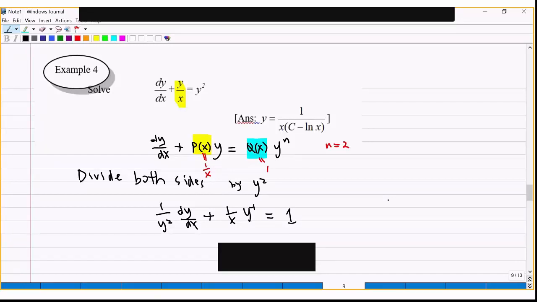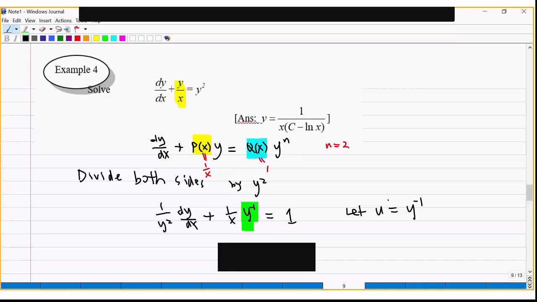And what you're going to do is take this as my u here. So let u equal y to the power minus 1. Compare with the equation: divide both sides by y to the power n, where n is equal to 2 now.